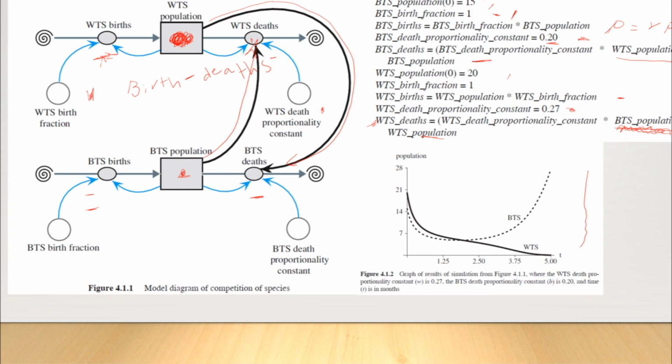When you model it like this with the applicable equations, you get results that look like this, right? So this is the result that you get from this. It's very interesting the way it looks.